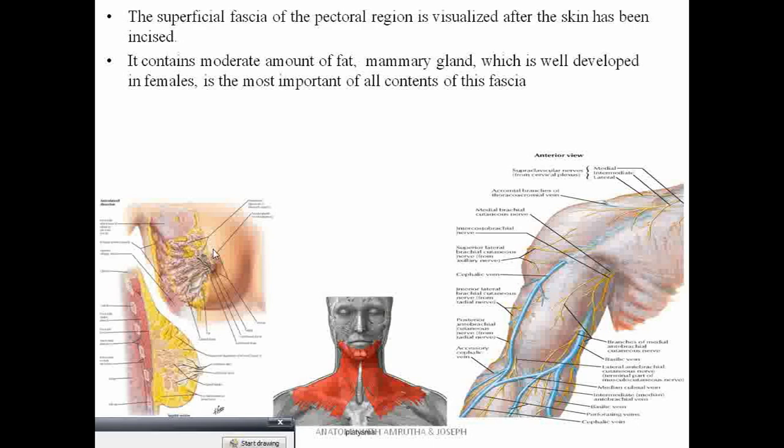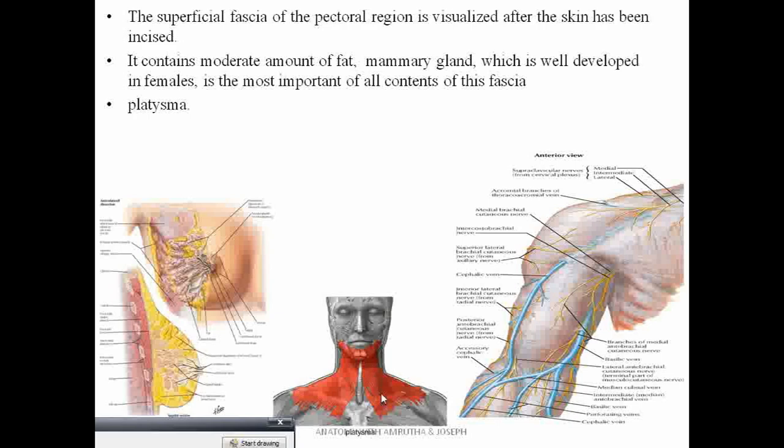Mammary gland, which is well developed in females, is the most important of all the contents of this fascia. I said some muscles are in the superficial fascia, which you may think is unusual, because we have seen that muscles are usually placed deep to deep fascia, but here this muscle is placed in the superficial fascia, that is platysma.